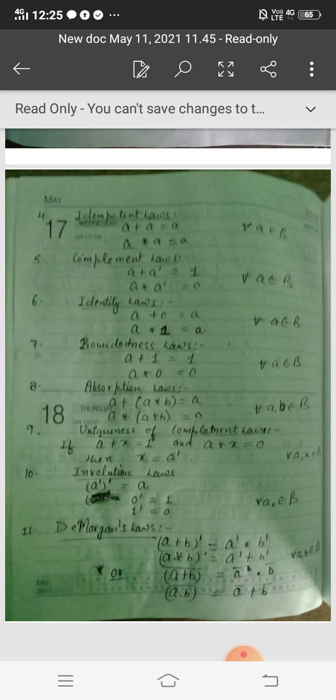So De Morgan works like the minus sign which we use in the decimal number system. So we take the not of the whole bracket, then it will change positive sign into negative sign and negative into positive. Plus will be changed into dot, dot will be changed into plus, 0 will be changed into 1, 1 will be changed into 0. This is De Morgan's law.